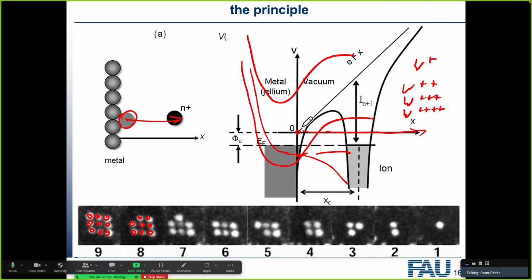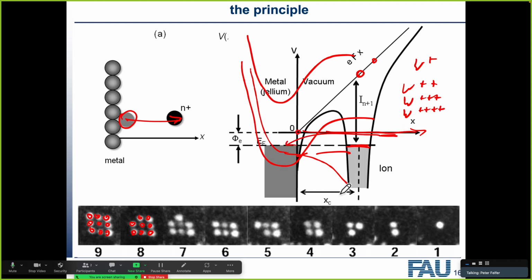But eventually the ion is going to be far enough away, like here, so that the highest occupied orbital will eventually reach the Fermi level of the base material. And once that's the case, as soon as it's a little bit further out, the energy will be positive and it can tunnel back into the solid.